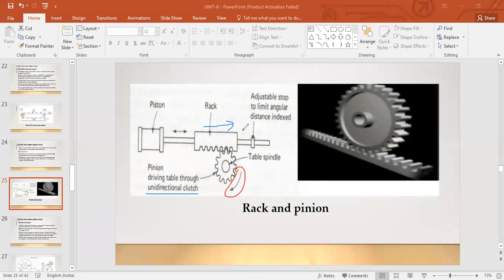Otherwise, if the rack moves to the left, then the pinion will again move back, so there's no use, right? Like the ratchet used by mechanics, if you have observed, it is also unidirectional, so it will only activate in one direction, like clockwise, let's say, and in anti-clockwise it will not operate, so it will allow it to move. I hope I'm clear by what this mechanism intends to do and how it does it, right?